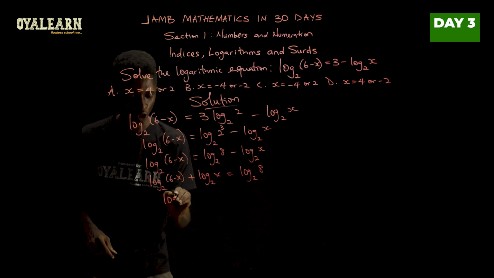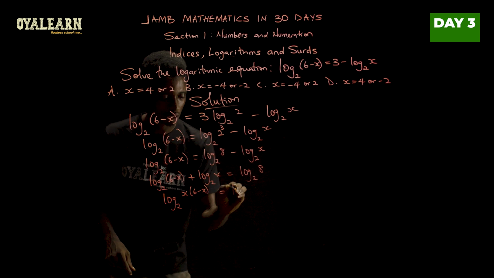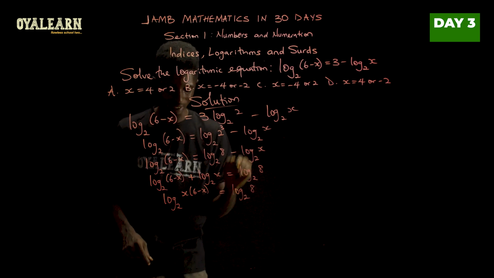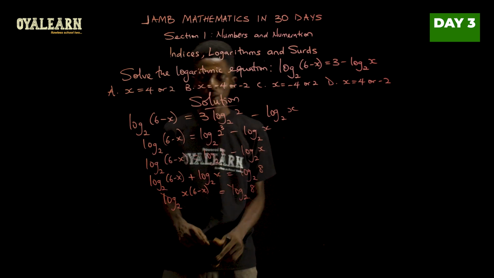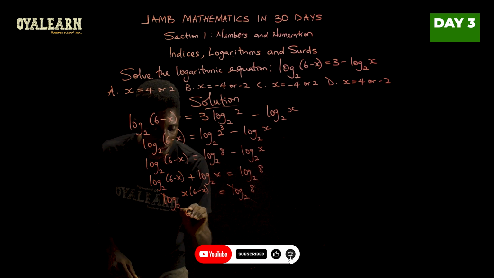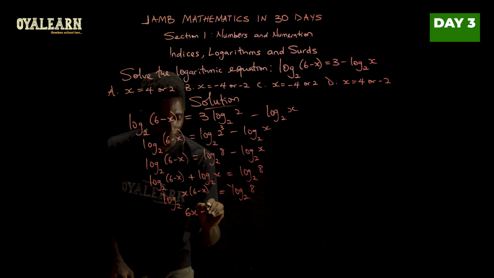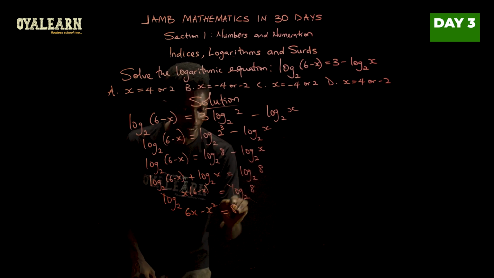So we'll have log base 2 of x multiplied by (6 minus x) equals log base 2 of 8. Now easily, log base 2 cancels log base 2. Now let's open this. x times 6 will give us 6x minus x squared equals 8.